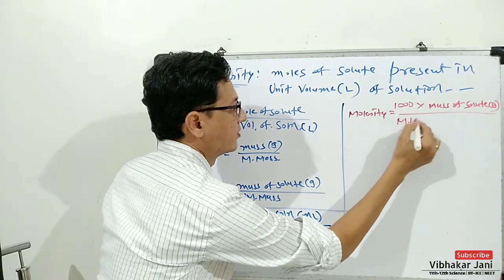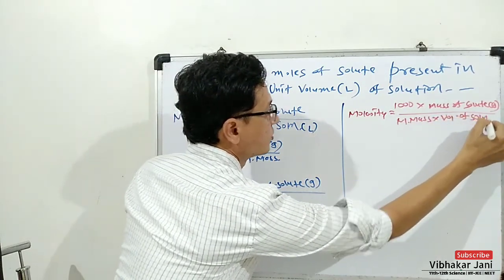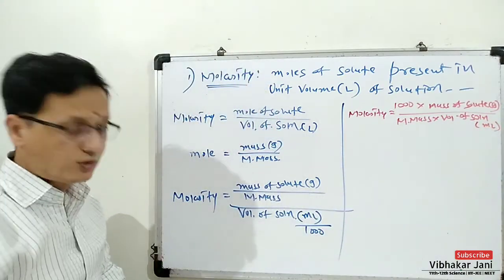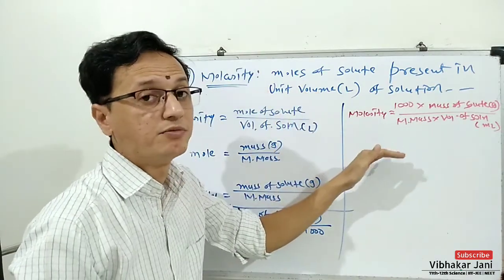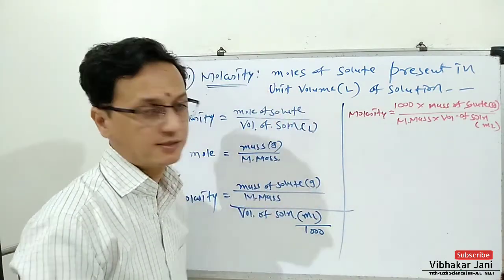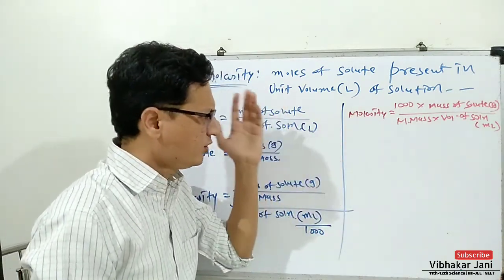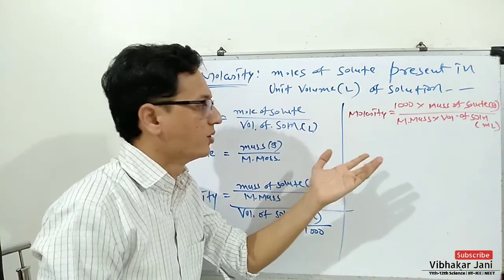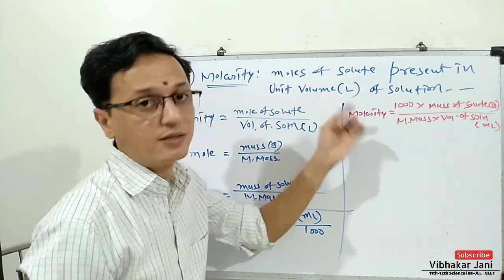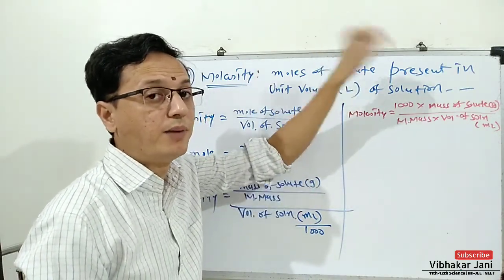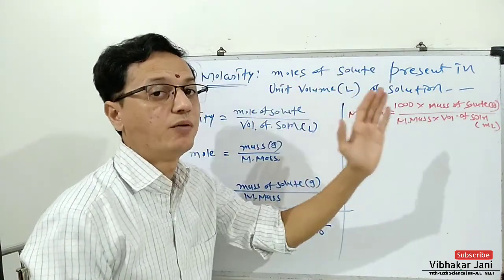That means molecular mass multiplied by volume of solution in milliliter. This would be the final formula for molarity, and this formula we will use in our numerical problems and practice. So you have to remember this formula. You can easily remember it because we are going to use it many times. Molarity is equal to 1000 multiplied by mass of solute in gram divided by molecular mass multiplied by volume of solution in milliliter.